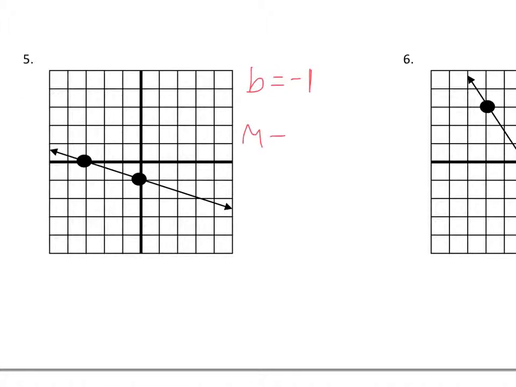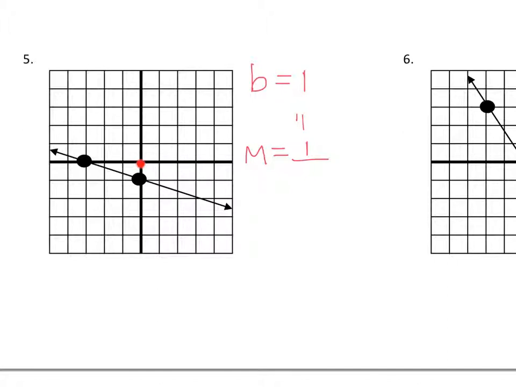Now let's use slope. If I use slope, again, it doesn't matter what point I start with. Let's say I begin with this. I'm going to go up 1, so I'm level with that second point. So my rise is +1.